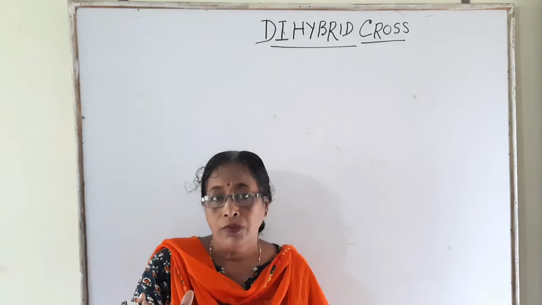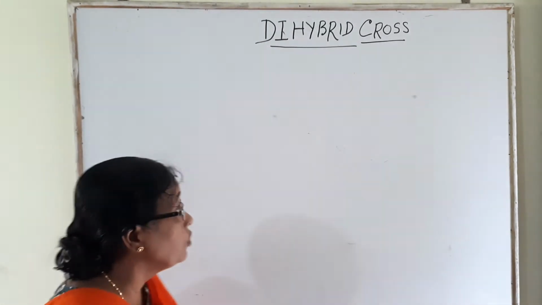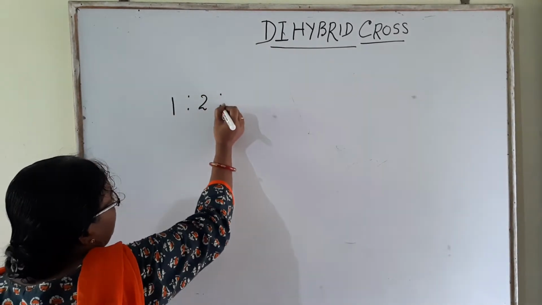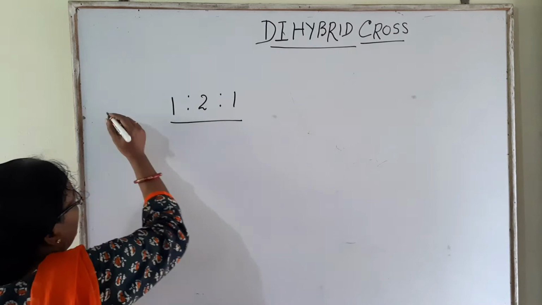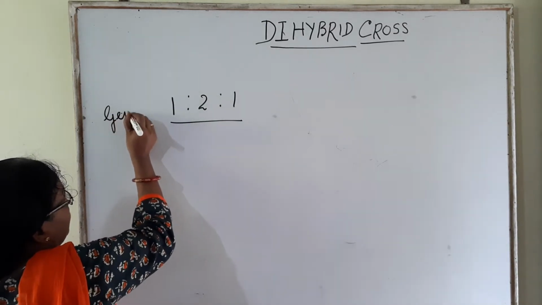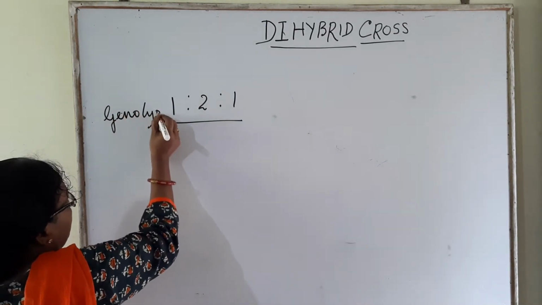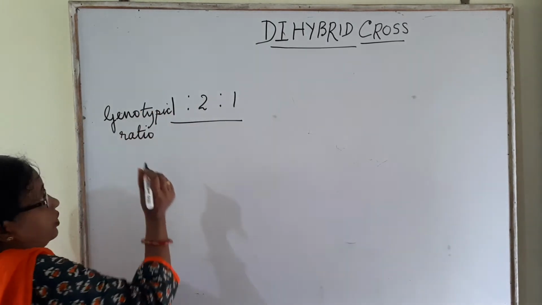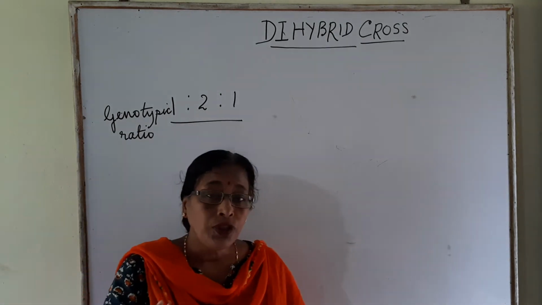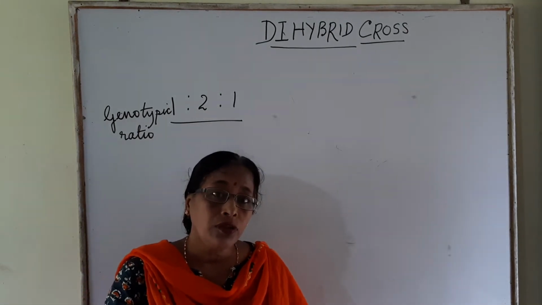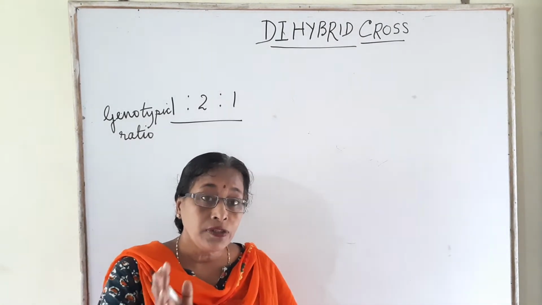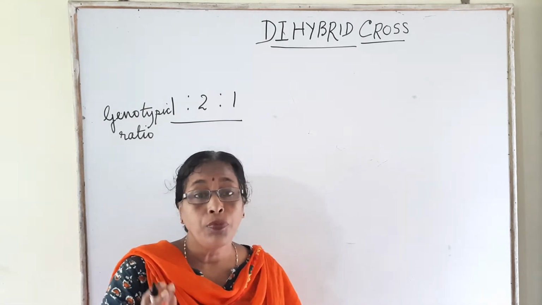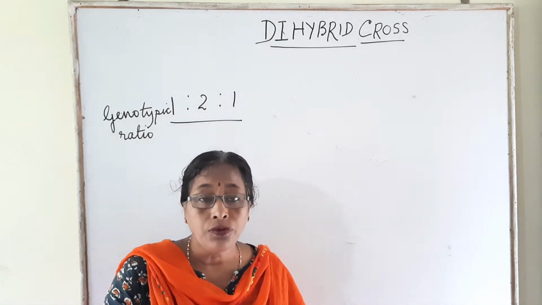In the same experiment, we saw the genotypic ratio of 1:2:1 in F2 generation. The recessive character which did not appear in F1 generation appeared in pure form in F2 generation.